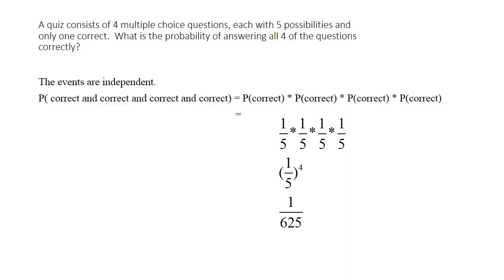The probability of answering a question correctly is 1 out of 5. So we have 1/5 times 1/5 times 1/5 times 1/5. We can shorten that notation and say that that is 1/5 raised to the fourth power, which is 1 over 625.